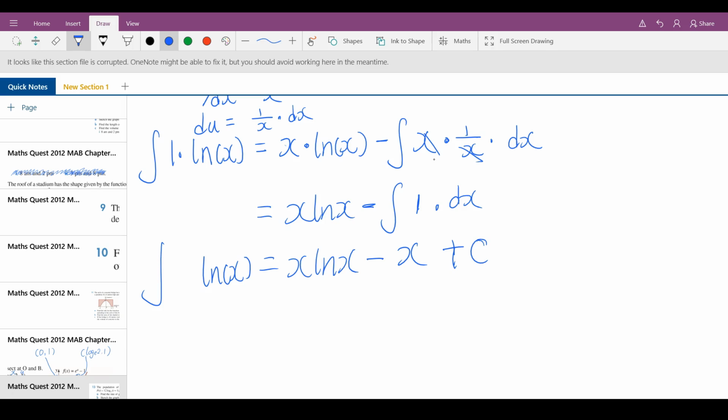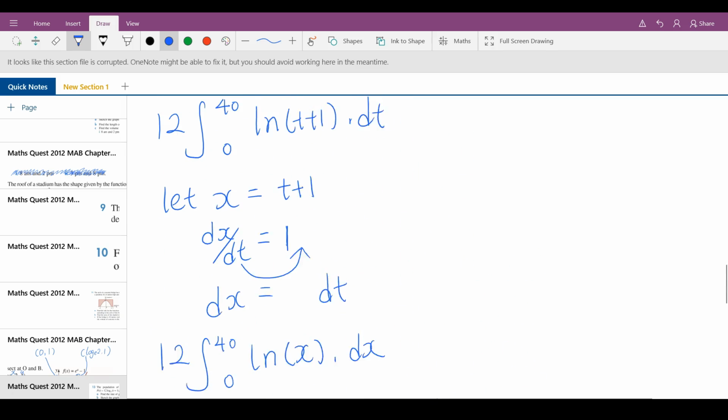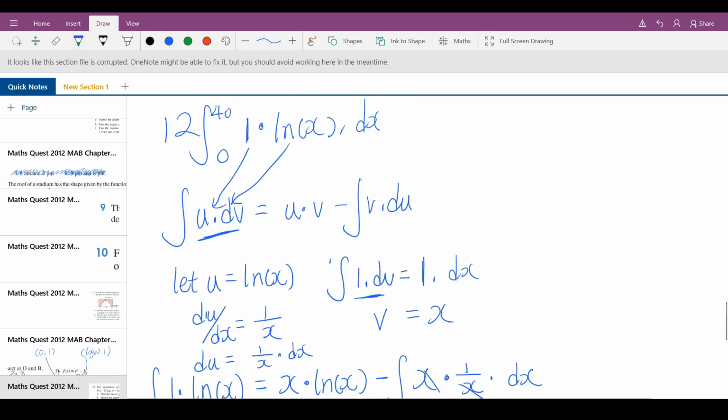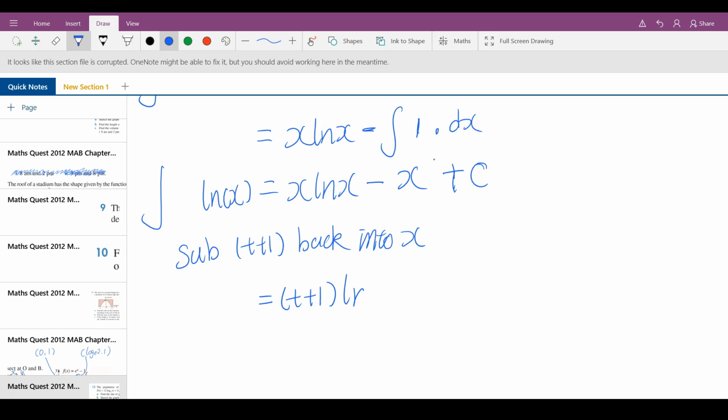But look, we didn't start with x, remember? We started with t. So x is equal to t plus 1. So we sub everything back. Sub t plus 1 back into x. So it's actually equal to (t plus 1) ln(t plus 1) minus (t plus 1) plus c.